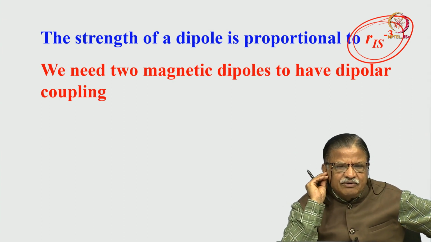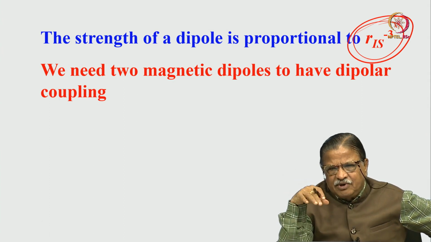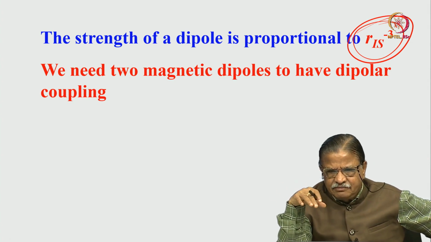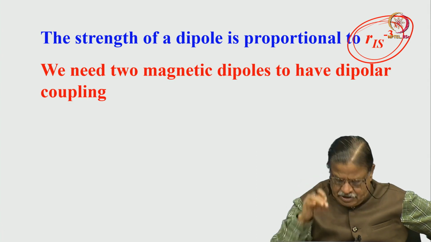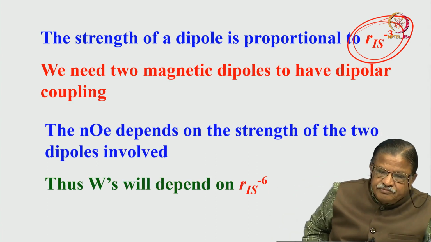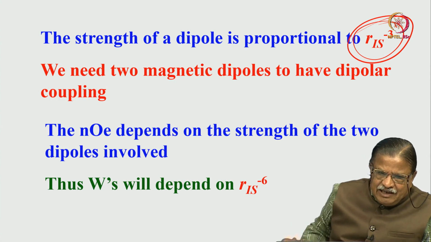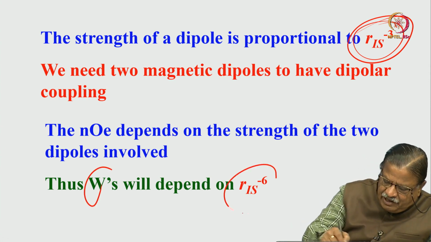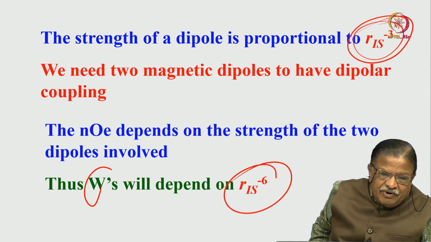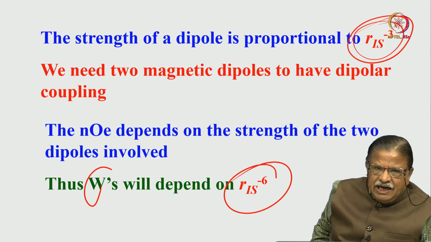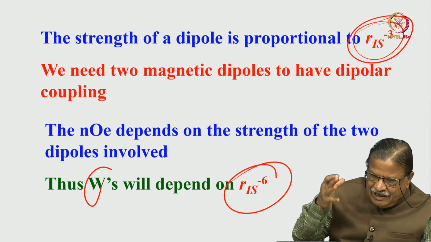But for NOE, which needs a dipole-dipole interaction between two magnetic dipoles, NOE depends upon two dipoles. Because of that, these W's will depend upon the inverse of Rij to the power of 6. That is the dependence of NOE.